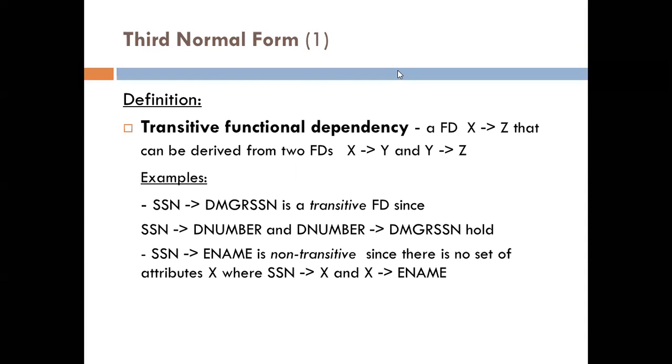The third normal form is dependent on transitive functional dependency, which means it is a functional dependency that is transitive in nature.